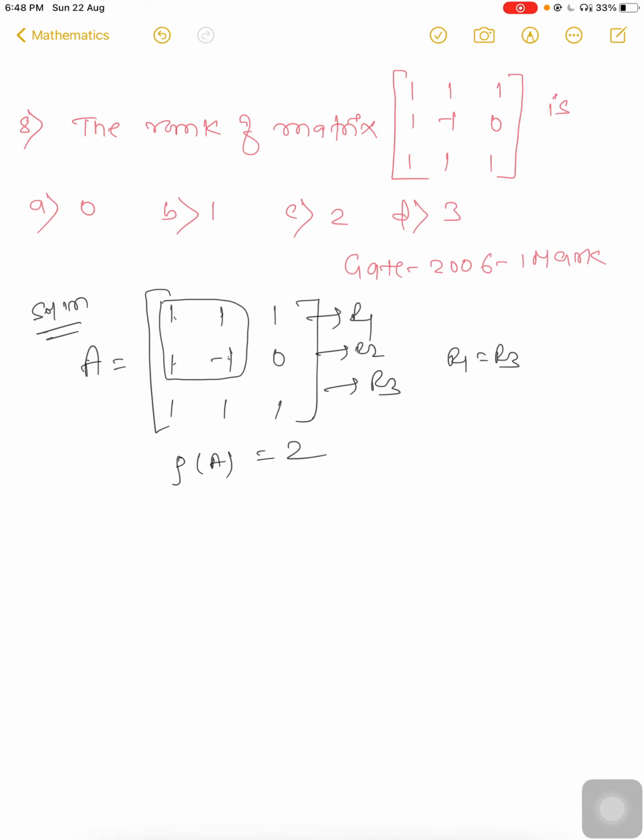We can make many 2 by 2 matrices from the 3 by 3 matrix. If any 2 by 2 determinant is not 0, then rank is 2. If all possible 2 by 2 determinants are 0, then we check for 1. If any one element is nonzero, the rank will be 1, means minimum is 1, not 0.